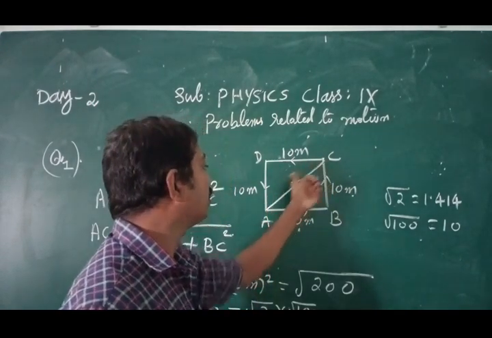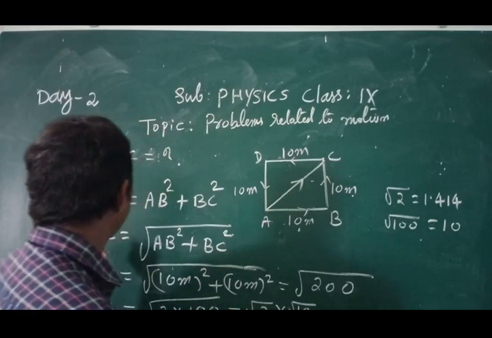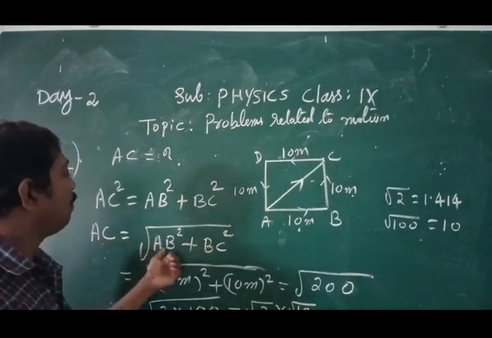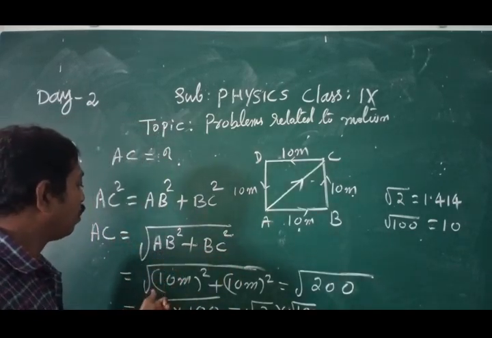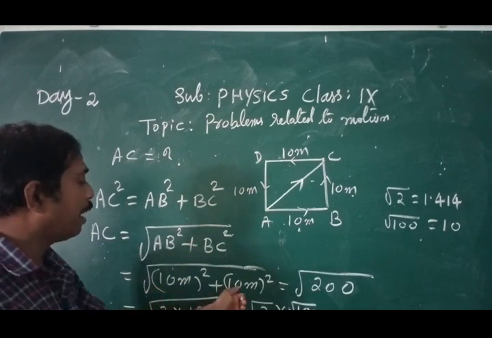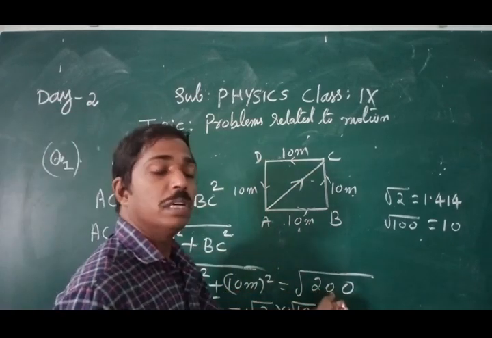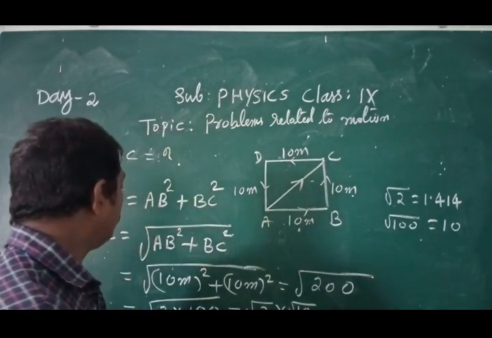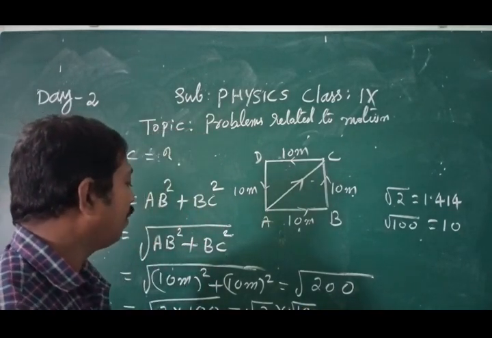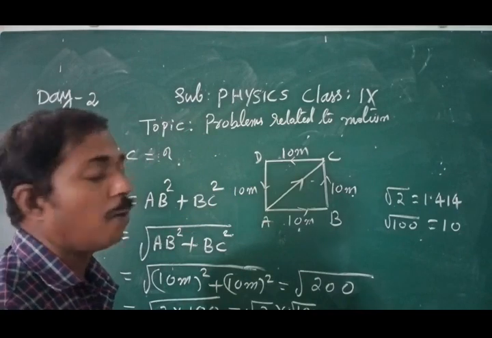So AC is root of AB square plus BC square, root of 10 meter square plus 10 meter square, then root 200, root 2 into root 100. You will get 14.14 meter.